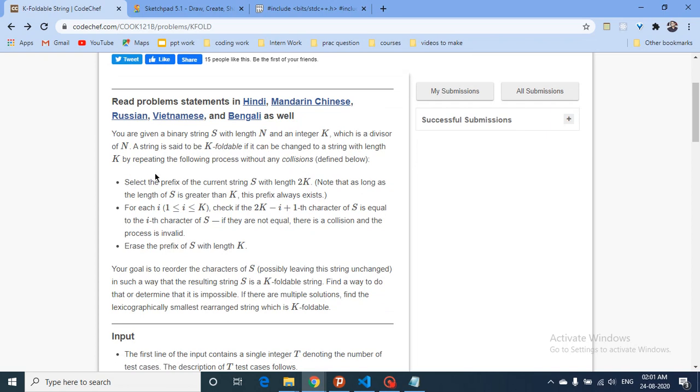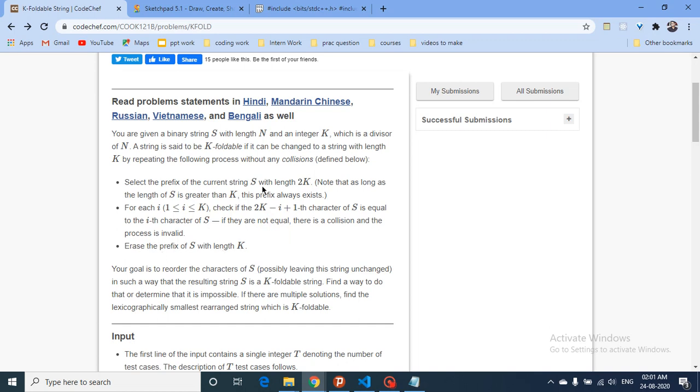Select a prefix of the current string s with length 2k, and if it can be folded, then you can erase the prefix of length k.